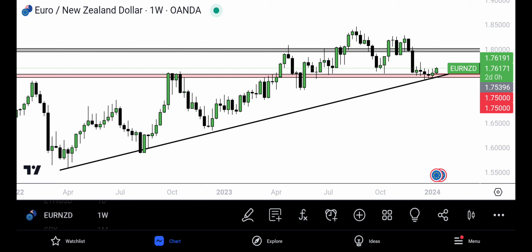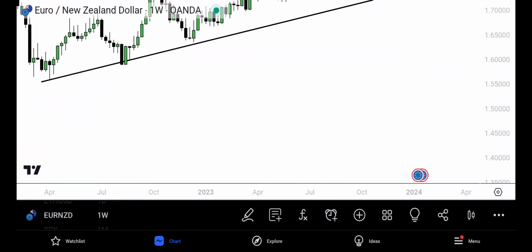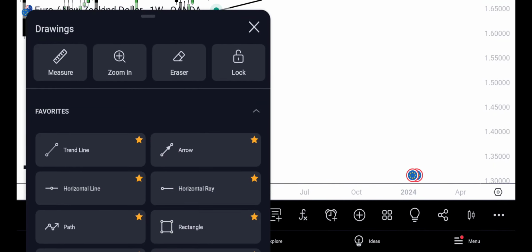The first thing I look out for is the trend of the market. If you look at this market right now on the weekly time frame, which is what we're looking at, you will see that the market is moving up. Let me draw a diagram to explain that quickly.